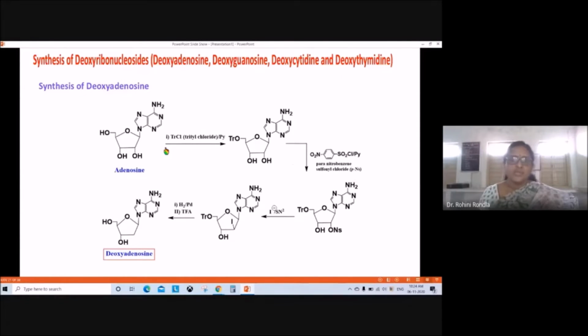So first what we did, trityl chloride is added to this adenosine because this OH group is substituted with the trityl group. Then para-nitrobenzene sulfonyl chloride is added in presence of pyridine. Pyridine is a base, so pyridine is added.